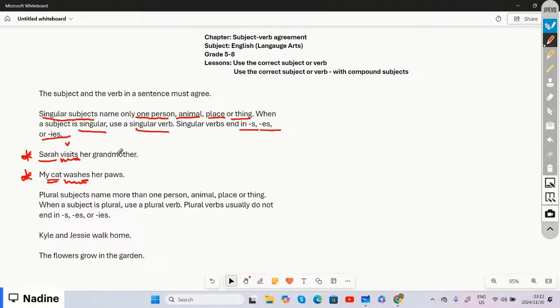So now we have our plural subject. Just as the singular subject needs to agree with our singular verb, our plural subject names more than one person, more than one animal, more than one place, or more than one thing. That is what it names.